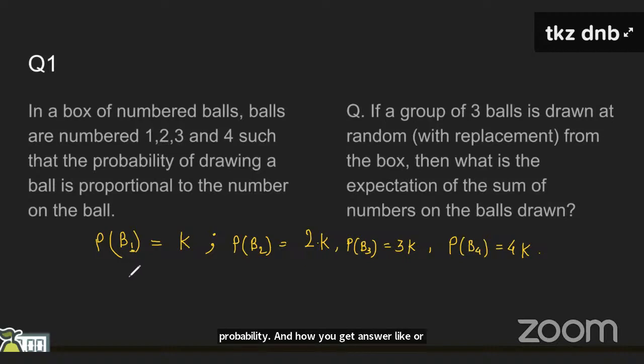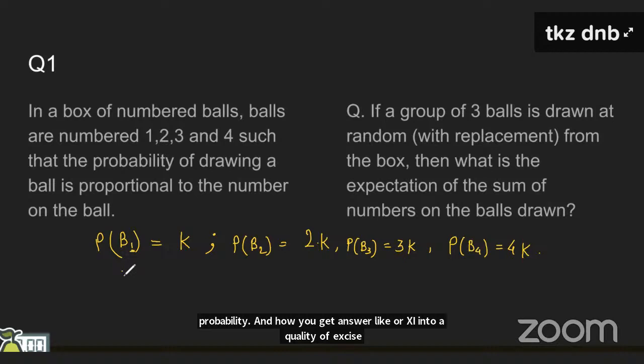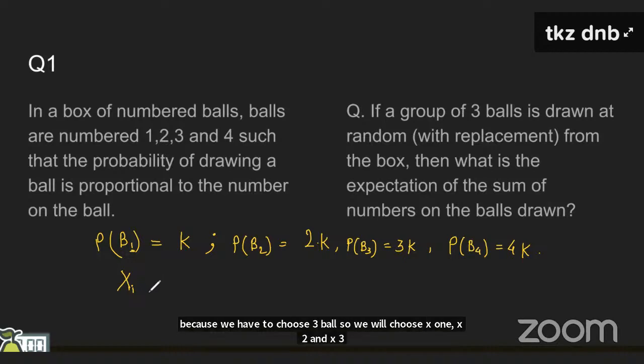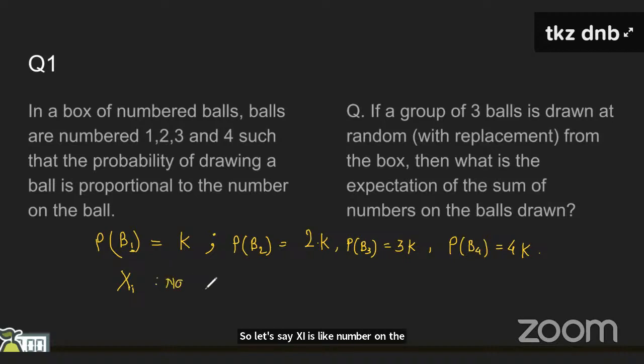See, let's say x is a random variable, and x is the number on the ball. Because we have to choose 3 balls, we will choose x1, x2, and x3. So let's say xi is the number on the ith ball.